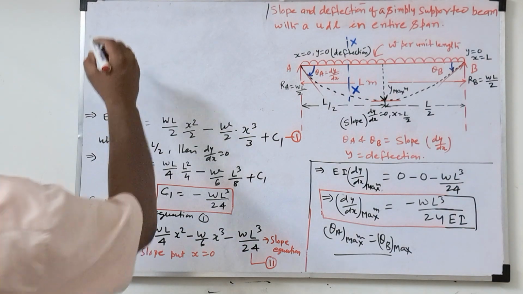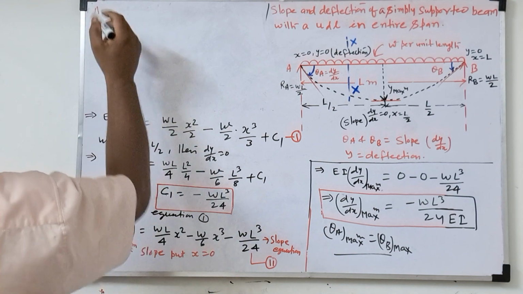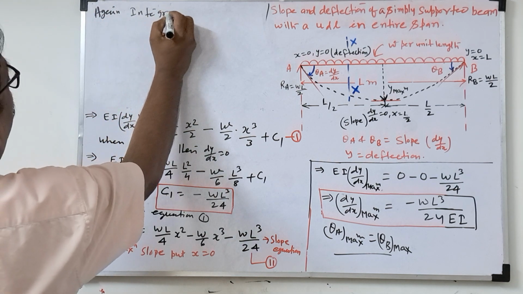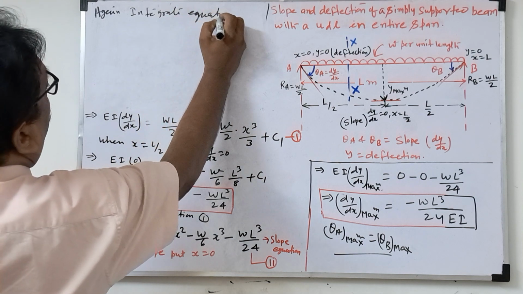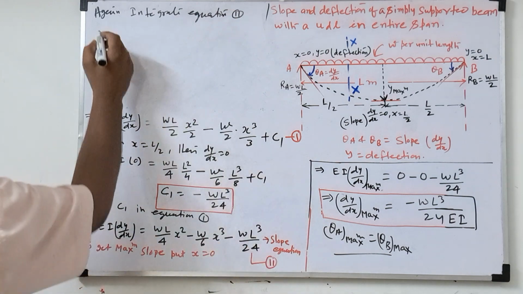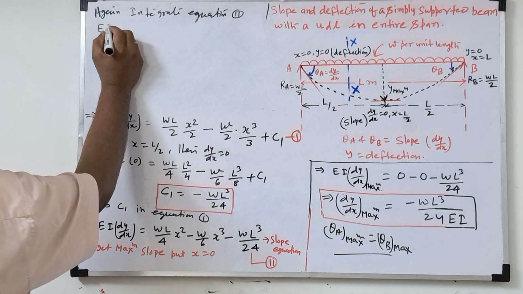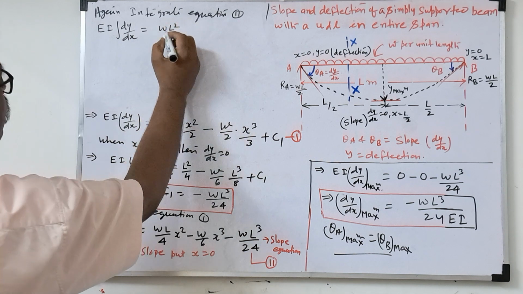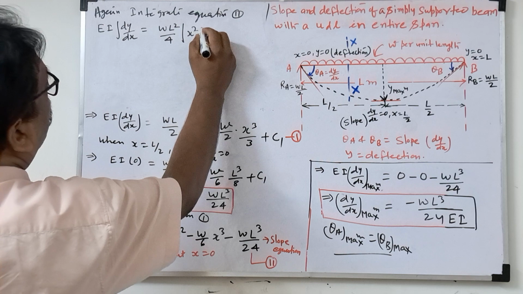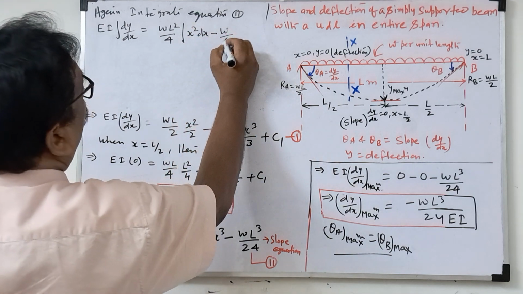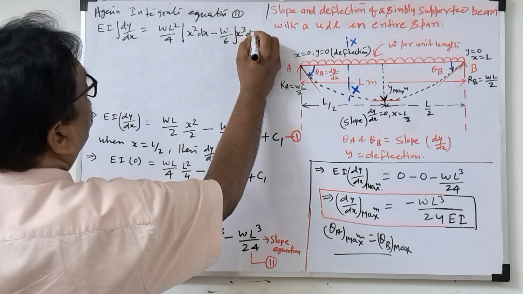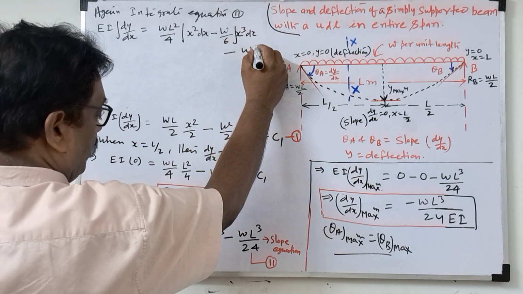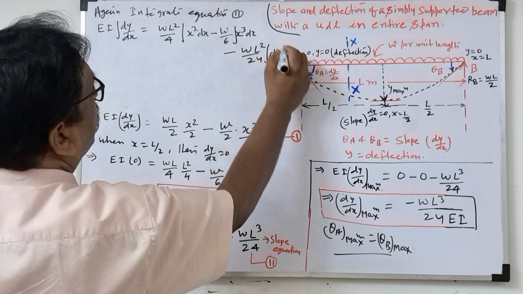So again, integrate equation 2. See here, EI integration of dy by dx is equal to WL square by 4 integration of x square dx minus W by 6 integration of x cube dx, then minus WL square by 24 dx.